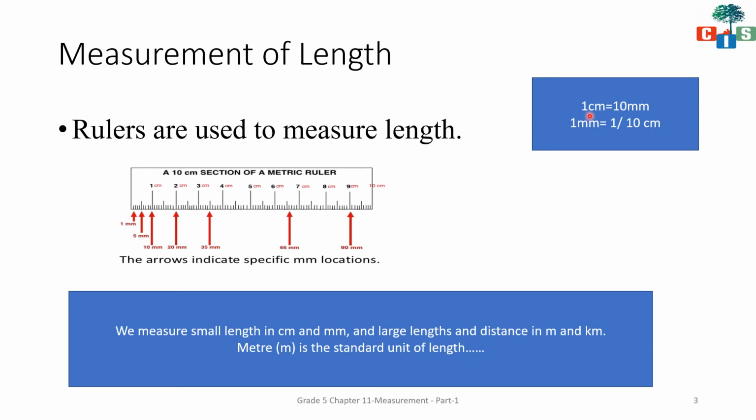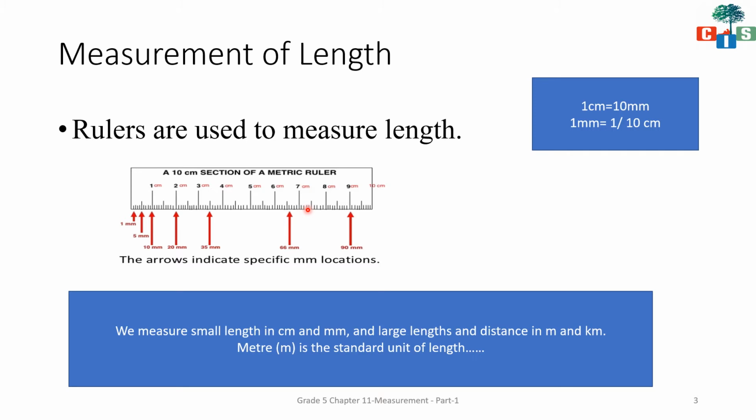Therefore 1 centimeter is equal to 10 mm. Mm means millimeter and cm means centimeter. If you count lines from 7 centimeter to 8 centimeter, you will find there are 10 lines, and each line denotes 1 mm.